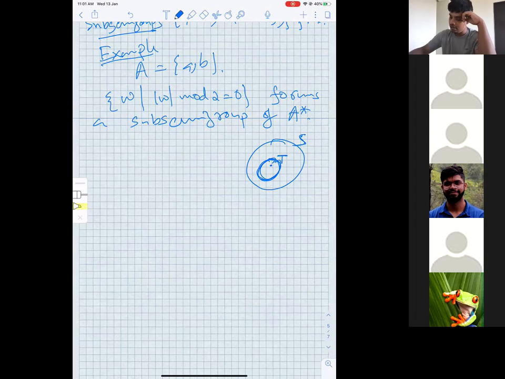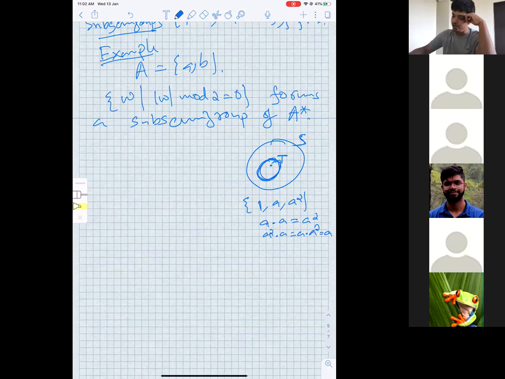For instance, if I have the set of elements 1, a, a square, with the rule that a dot a square equals a, or let me put it this way: a dot a is a square, and a dot a square dot a equals a dot a square equals a.